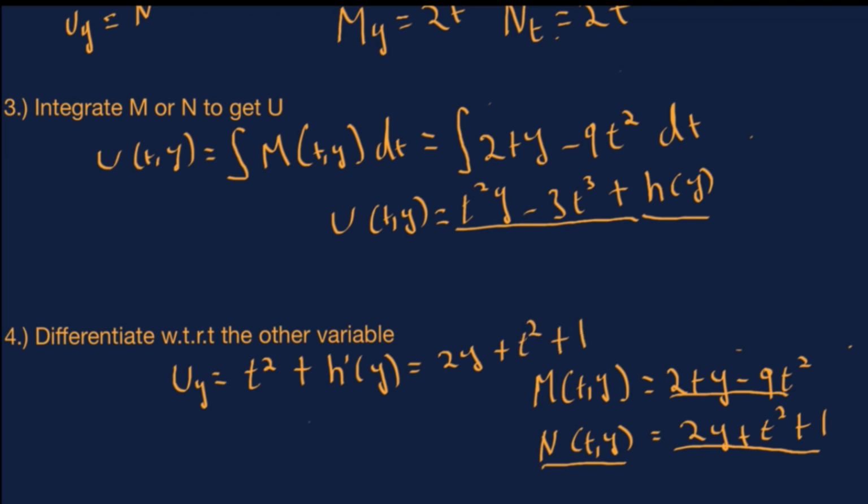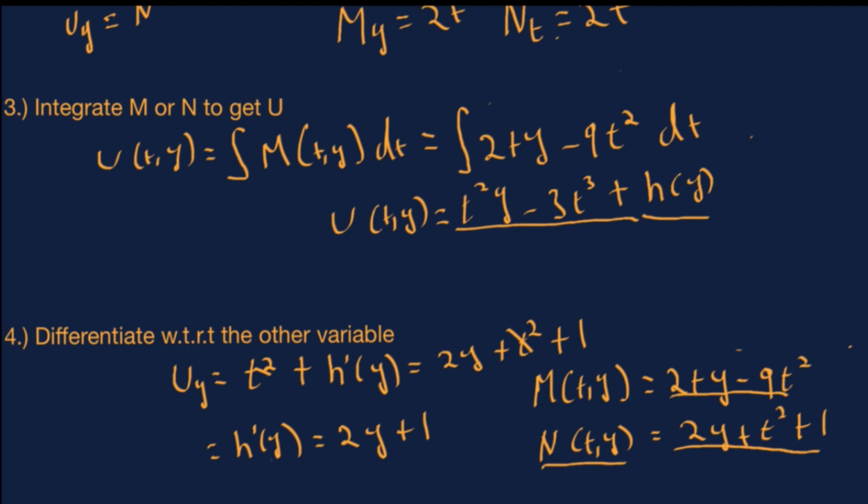And now we solve for h. So when we subtract t squared from both sides, they cancel out, and we're left with h prime of y is equal to 2y plus 1.